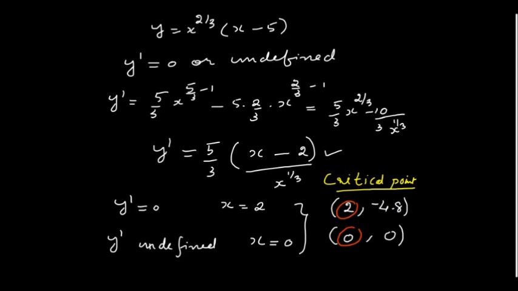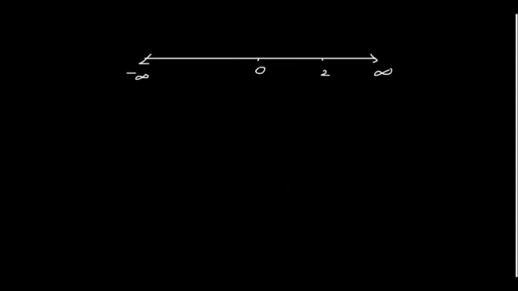Okay, so what we are going to do is divide the function y dash into different terms. Here we have written y dash as 5 by 3 (x minus 2) divided by x raised to 1 by 3. We have to check in each interval whether this y dash is greater than 0 or less than 0. For this we will write these terms separately, then calculate.